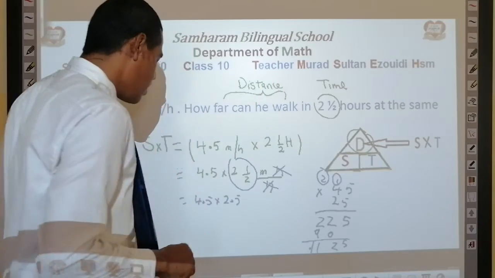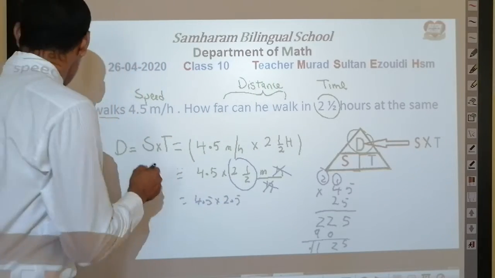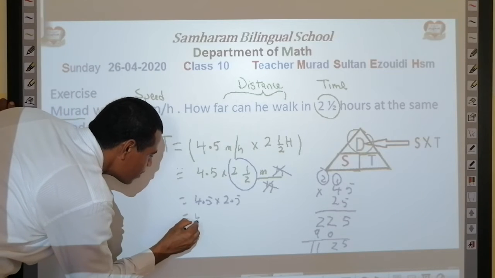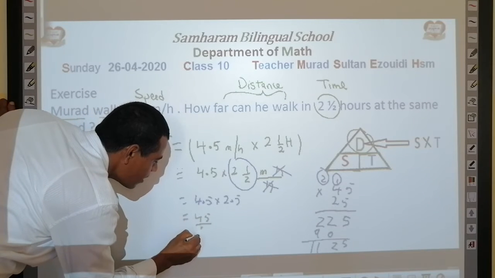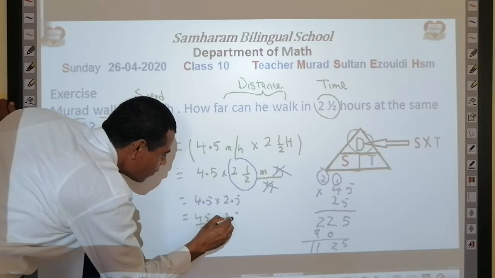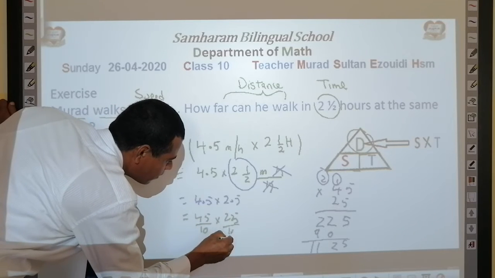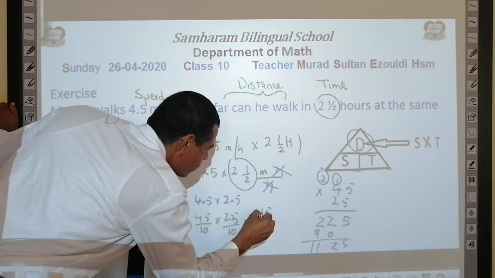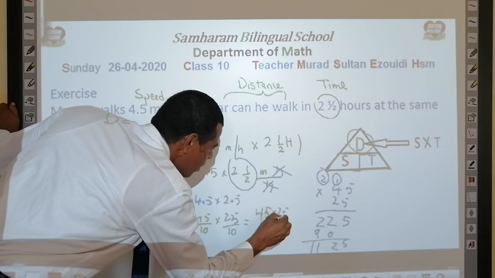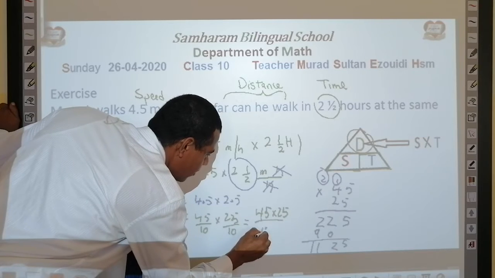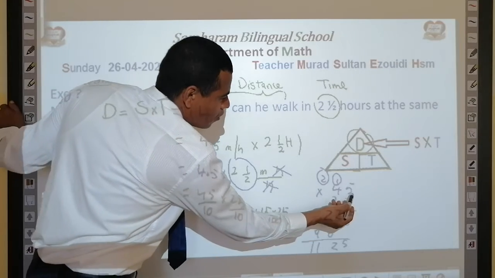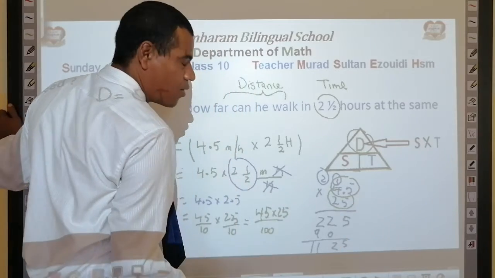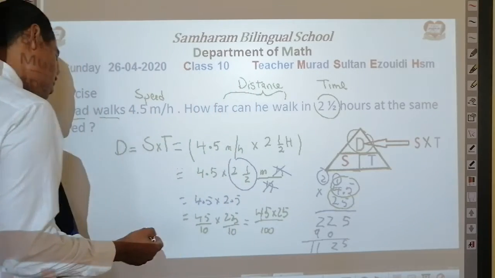Okay, but you can see that this one can be written as 45 divided by 10 multiplied by 25 divided by 10, equal 45 multiplied by 25 all divided by 100. So 45 multiplied by 25 gives 1125.